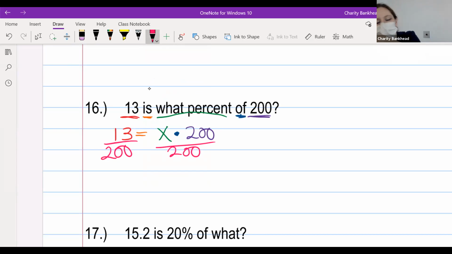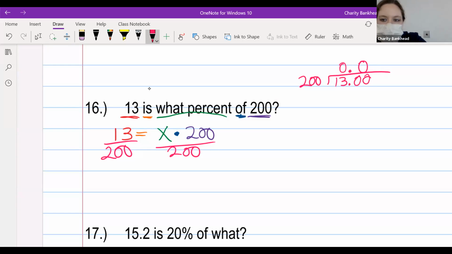And then to solve it, I'm just going to need to divide both sides by 200. Okay, so 200 going into 13. Obviously 200 can't go into 13, so we're going to start including some zeros here. And 200 still can't go into 130, so do another 0.